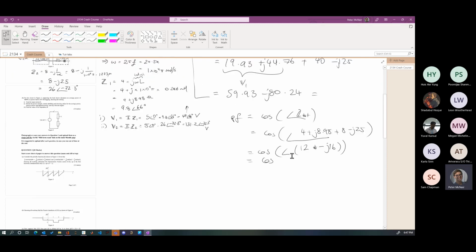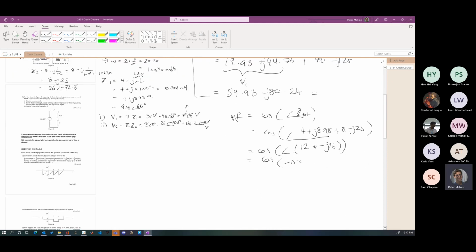So sorry, I'll just scroll down. So cos of minus 53 degrees is going to be 0.6. Now, is this leading or lagging?